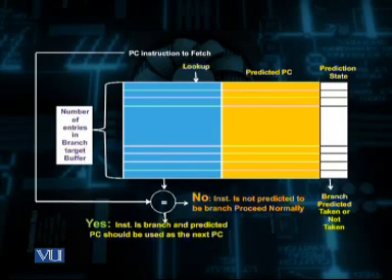Predicted PC contains the value of the program counter of the fetched instruction predicted as a taken branch. And the prediction state contains extra prediction state bits. This field is optional and it may or may not be included.